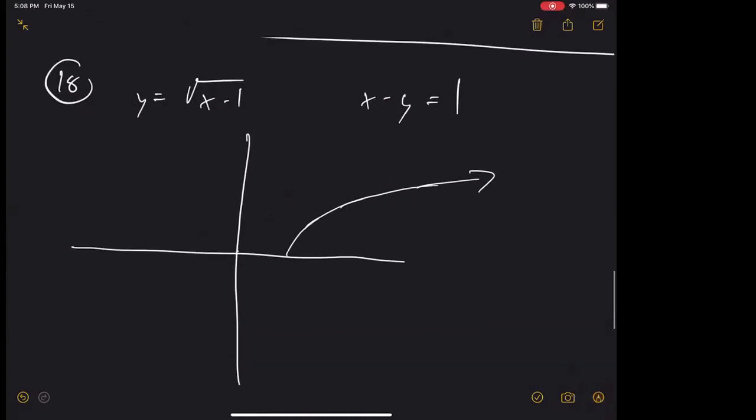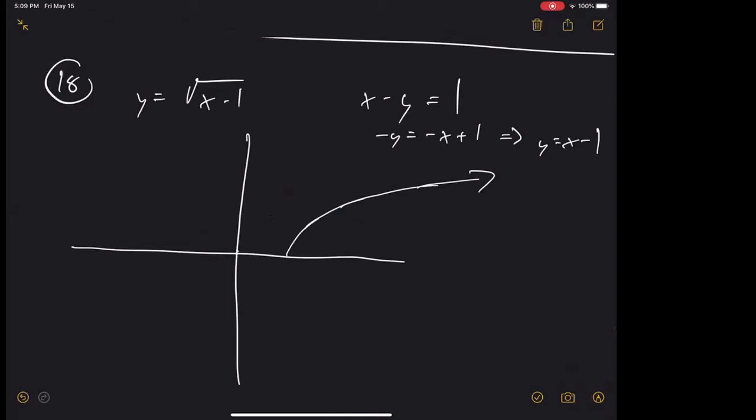All right, and what's x minus y equals 1? Well, that's the same as negative y equals negative x plus 1, so y equals x minus 1.